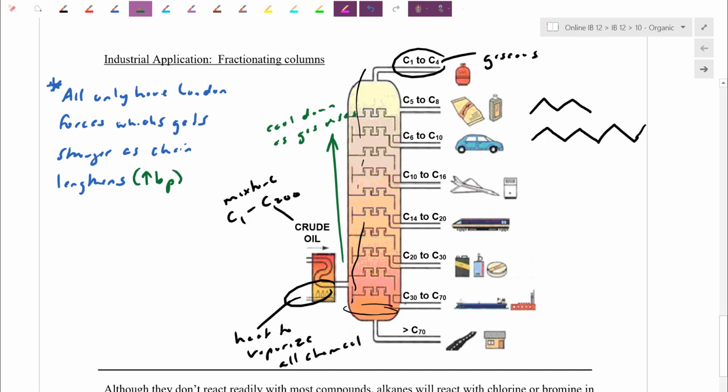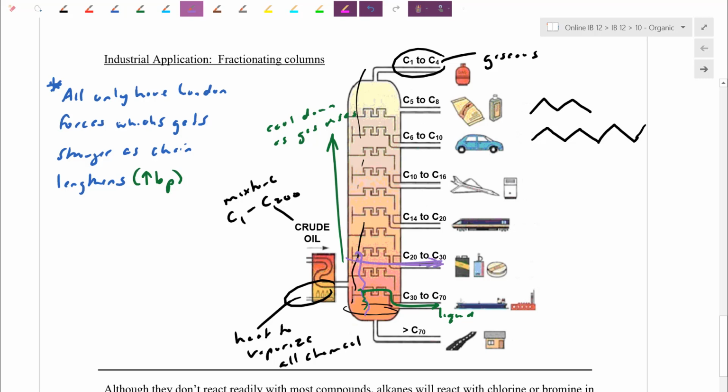So the ones that are lengthier chains, C30 to C70, as it gets only a little bit away from the heat source, it's already cooled down enough that it passed through its condensing point, its boiling point. It's actually going to start liquefying. As a liquid, it can then be just tapered off. And they're actually giving you a few pictures of what we use each of these fuels for. If I'm a slightly shorter chain here, those can rise a little bit, but again, I can fractionate them.